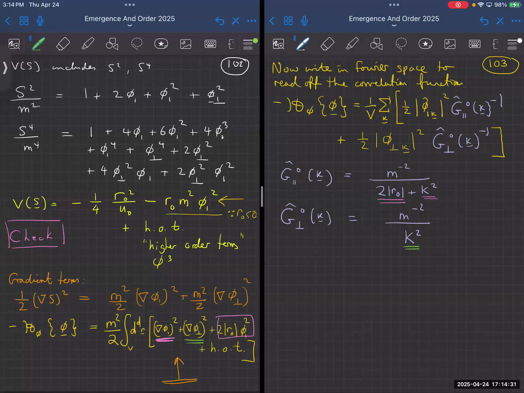Okay, so we've discovered something miraculous, and of course all of this is true for t less than tc. So we're looking at the emergent properties of the system. Okay, so now what does it mean?